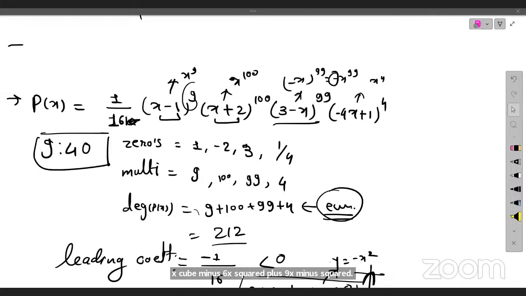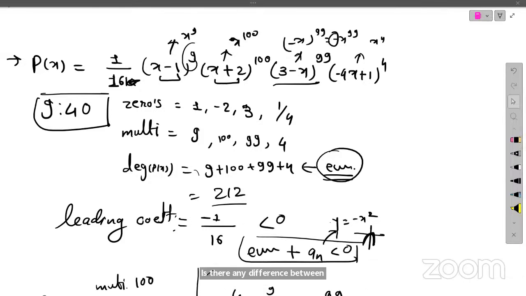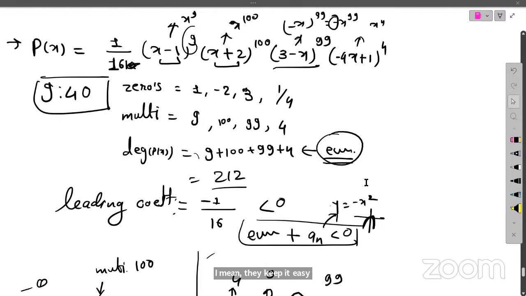Excuse me, ma'am. Is there any difference between strictly increasing and increasing? No, there is no difference. Yes, ma'am.